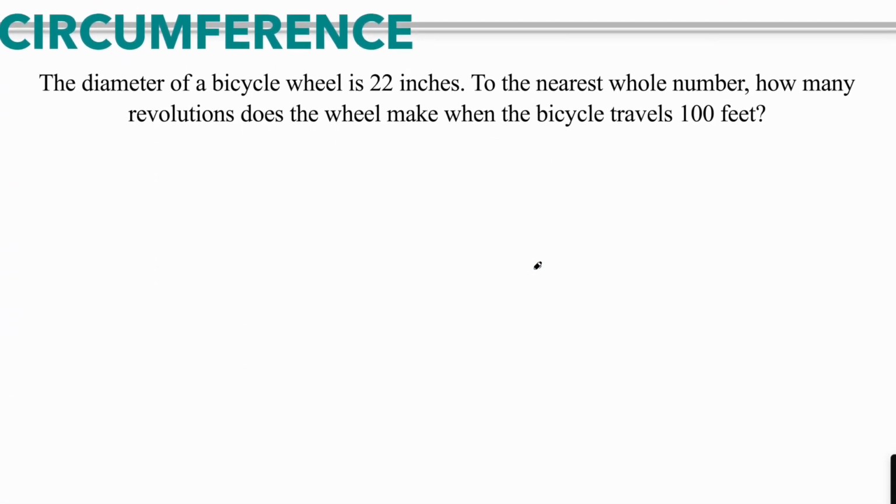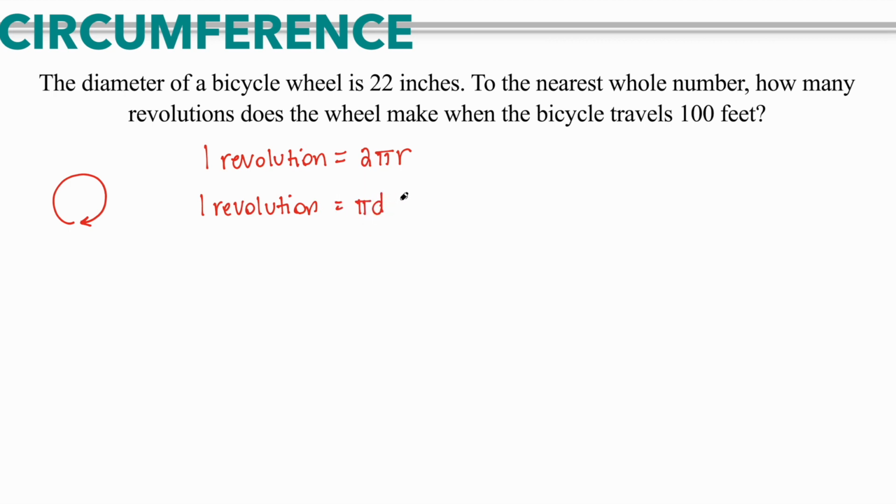So for example, if we want to know how far the bicycle travels 100 feet, and we know that the wheel is 22 inches for a diameter, we want to know how many revolutions. Well, one revolution, which is one time around a circle, is going to be 2 pi r, or the same thing as pi d.